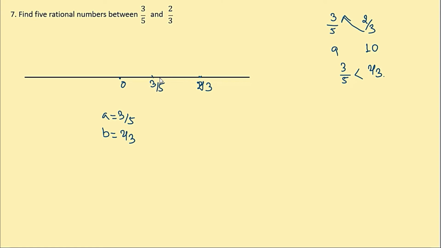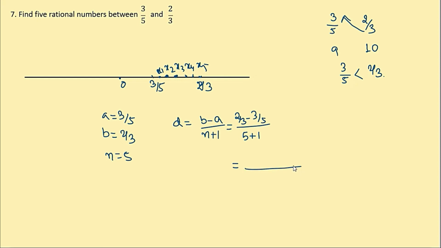Here you are to find 5 rational numbers: X1, X2, X3, X4, X5, and N is 5. So D equals (B minus A) divided by (N plus 1). So B is 2 by 3 minus 3 by 5, and 5 plus 1.